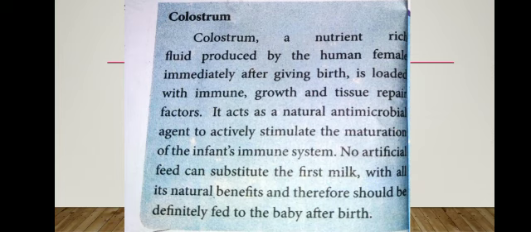It acts as a natural antimicrobial agent to actively stimulate the maturation of the infant's immune system. No artificial feed can substitute for that. எந்த ஒரு artificial feed-ம் மதர்ஸோட milk-க்கு ஈடாக முடியாது. So that is a natural benefit to the baby also.